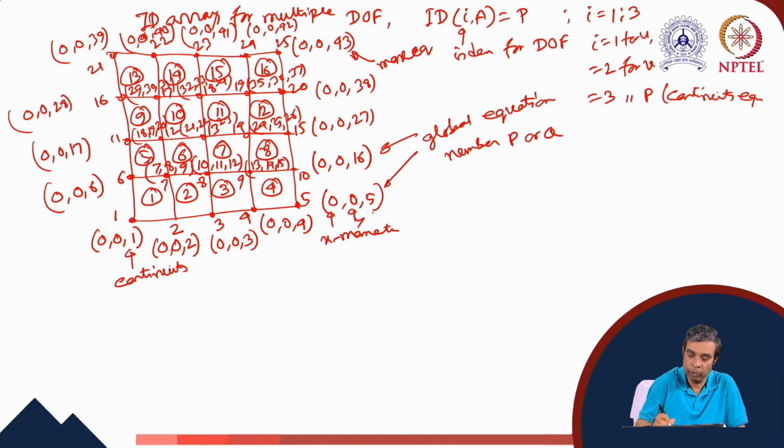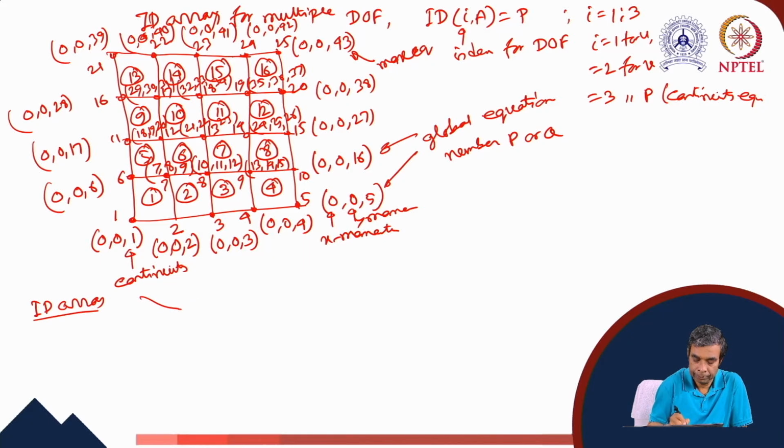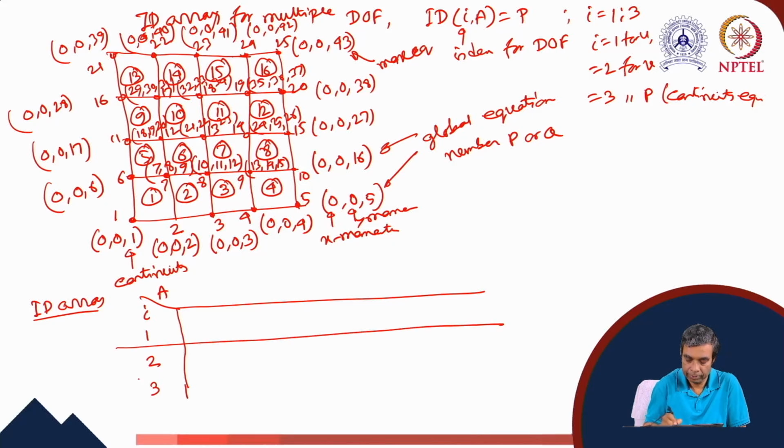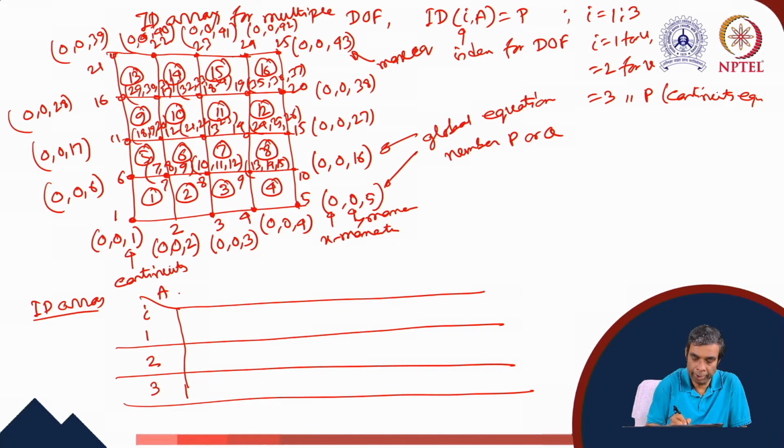This is Y momentum. Now, if we construct the ID array, I is 1 for X momentum, I is 2 for Y momentum, I is 3 for continuity equation. We have 25 global nodes.